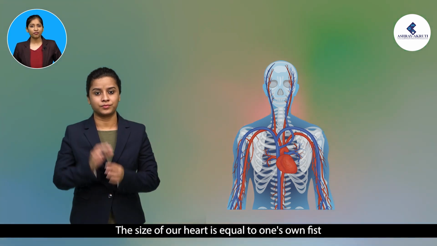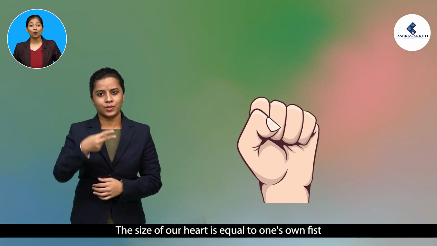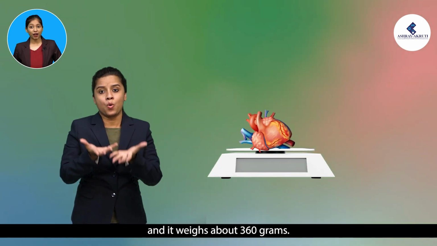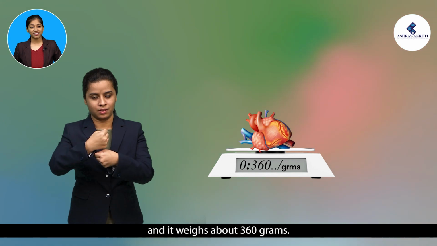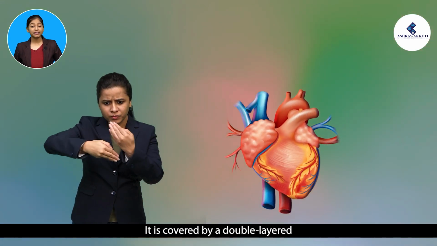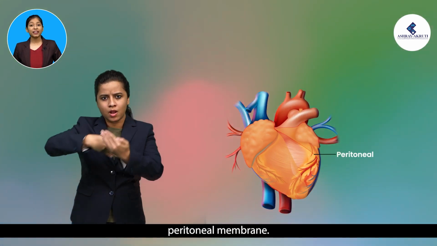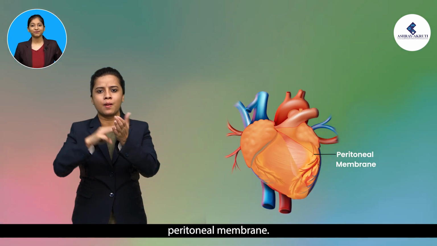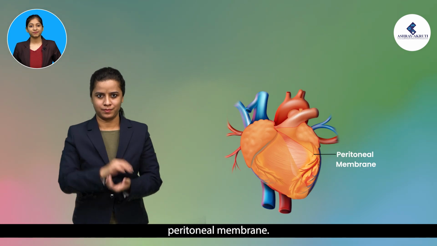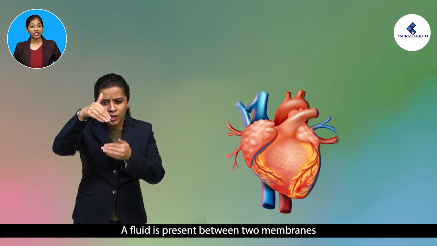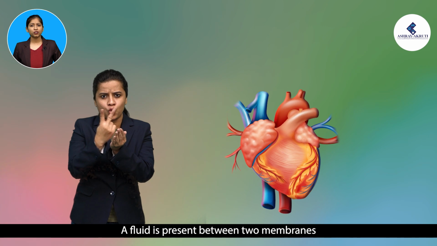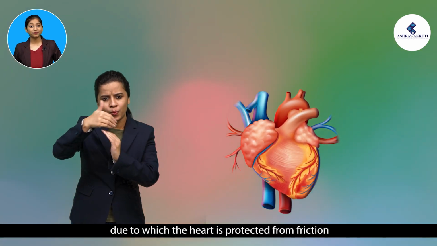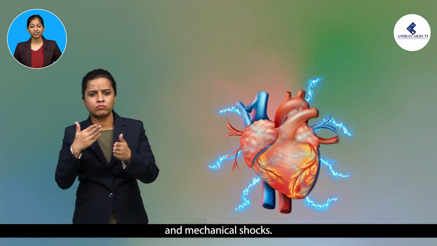The size of our heart is equal to one's own fist and it weighs about 360 grams. It is covered by a double-layered peritoneal membrane. A fluid is present between the two membranes, due to which the heart is protected from friction and mechanical shocks.